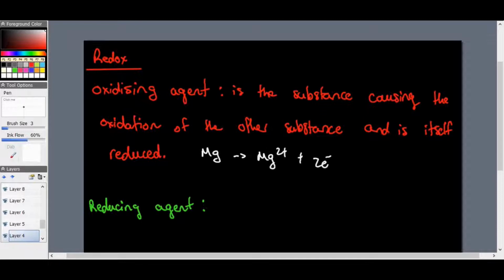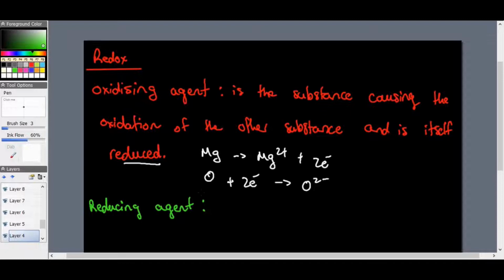But if we have the reduction half reaction, O plus 2 electrons becomes O2-, we say that oxygen is reduced, but it is the oxidizing agent because it's the substance that is reduced. So we identify the substance that is reduced, that is the oxidizing agent.